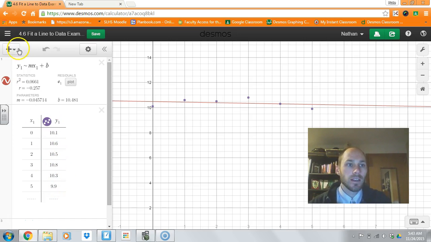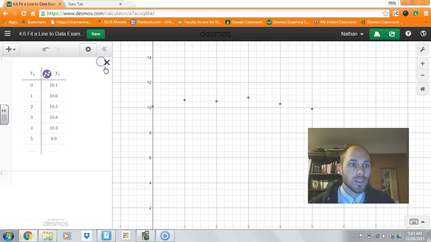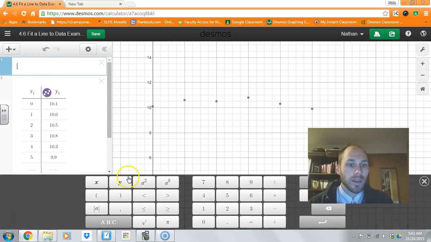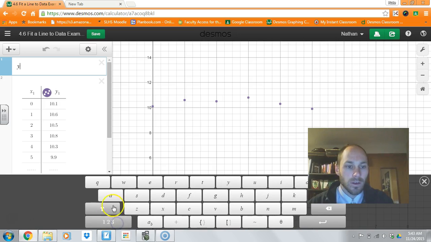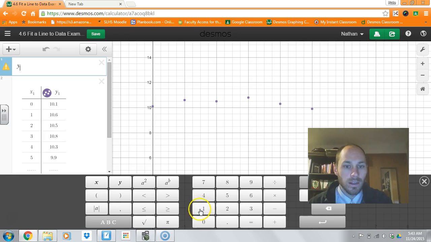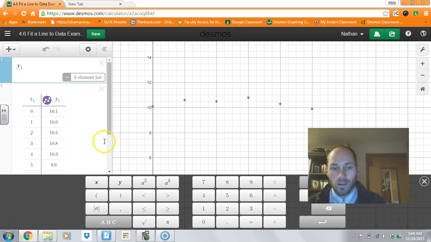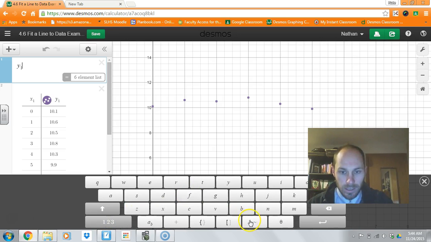Once I have those, then I enter my regression equation. I'll show you how I do that. Enter expression, and then we hit y sub 1 so that the computer knows to use this y value. In order to do that, I go down here to this button, and then I click 1, then I hit over, and then instead of the equal sign, we're going to use a squiggly.